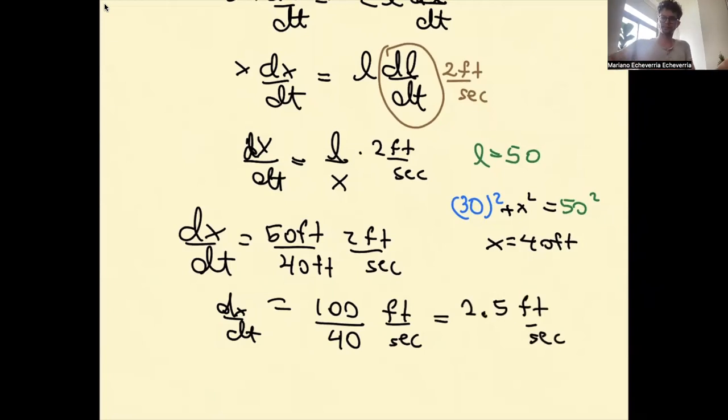Is that making sense? So again, for these related rates problems, it's always identify the variables, find the relationship between the variables, and then take derivatives to find the rate that you care about.